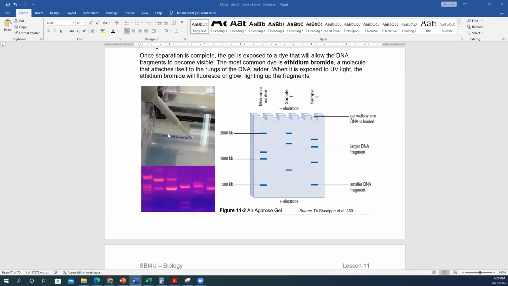So as you turn on the electricity, when the electrical current is applied here, the DNA fragments will move from the negative electrode toward the positive electrode. And as they weave their way through this porous gel, the smaller fragments will be able to move through those pores faster.